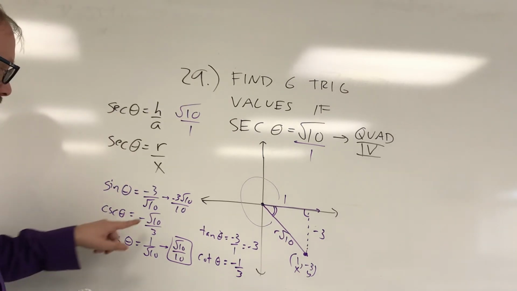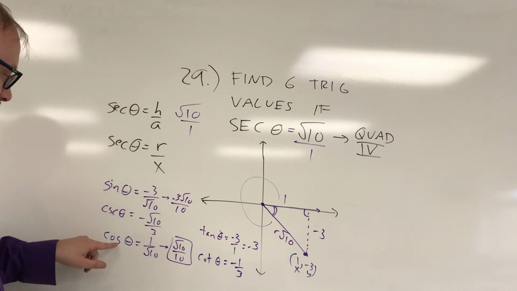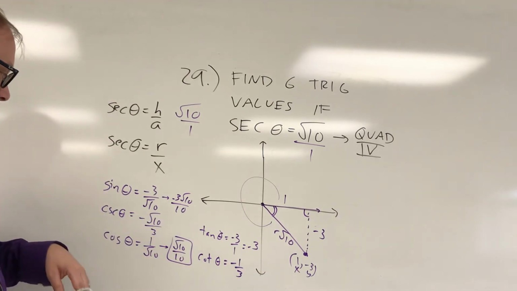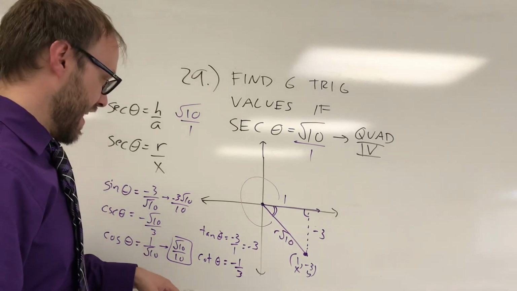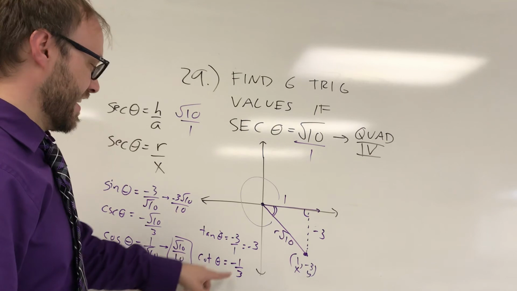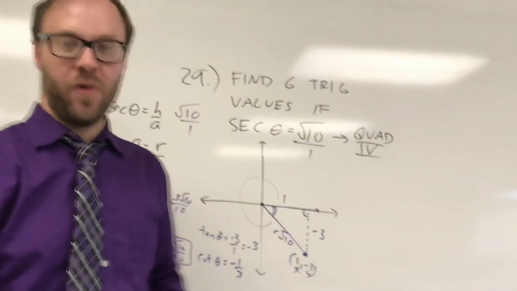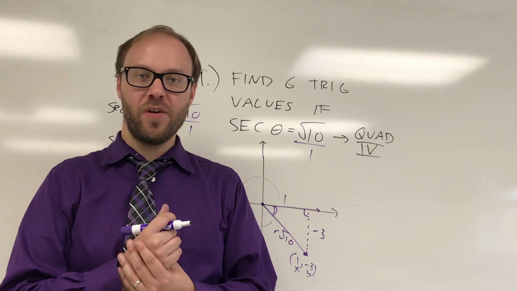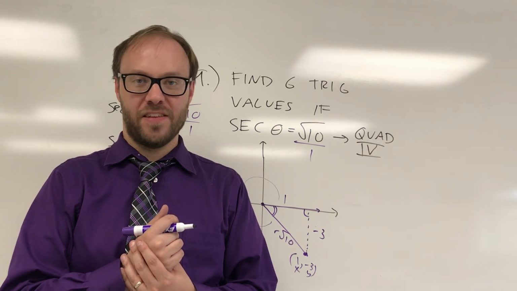Cosecant is r over y. Cosine is x over r. Tangent is y over x. Cotangent is x over y. So whether or not you want to use the old SOHCAHTOA definitions or the new spiffy coordinate definitions, doesn't matter. You'll get the same answers either way.